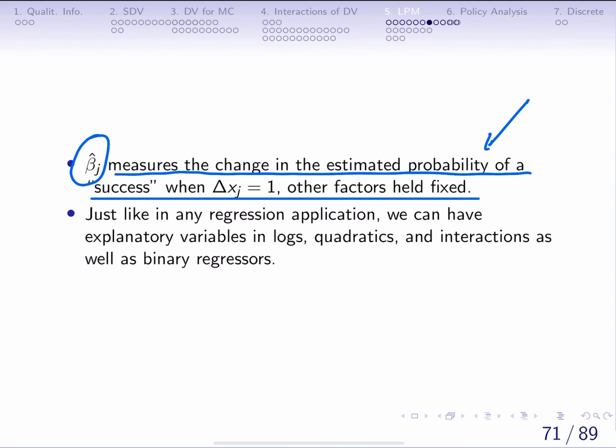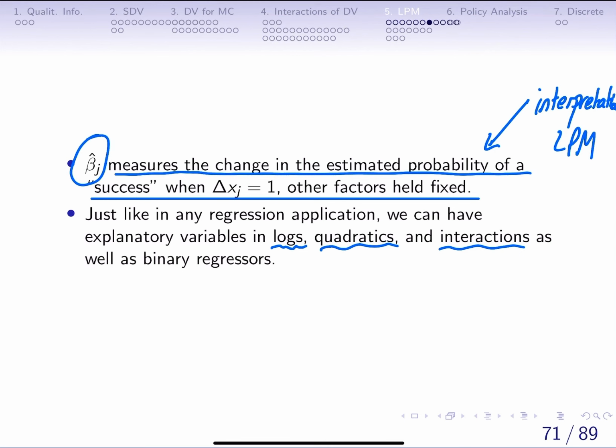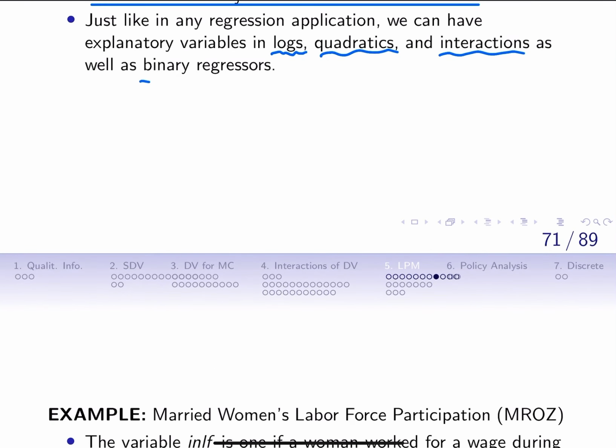And this is the interpretation that you want to focus on when using LPM, linear probability models. Okay, now remember that like in any regression application, you can have explanatory variables that appear in log, quadratic form, interactions, etc., as well as dummy variables.